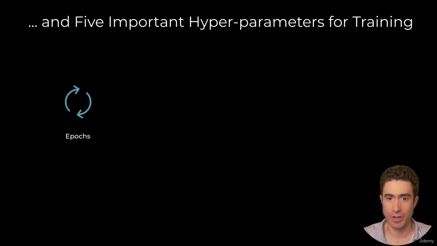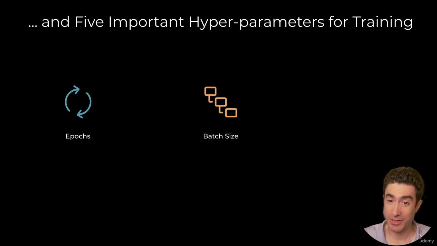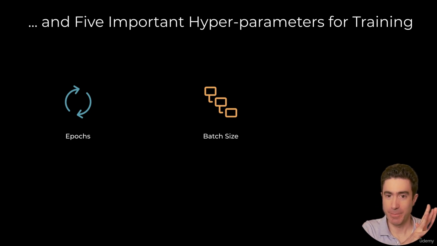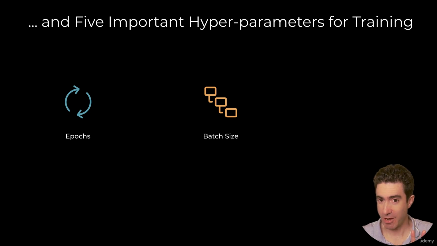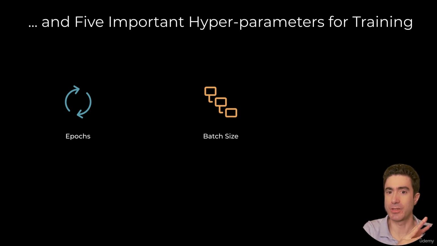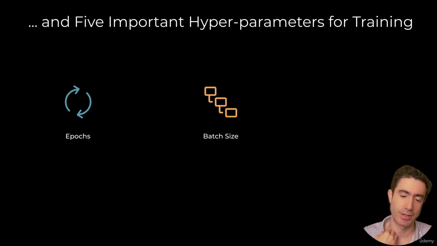There is another reason why it often makes sense to have multiple epochs, and that comes down to batch size, the next hyperparameter. Batch size is saying that often we don't take one data point and put it through the forward pass of the model to predict the next token, calculate the loss, and then go backwards and figure out the gradients of how much that loss is affected by the different weights in the parameters of the model, and then optimize the model by doing a little step in the right direction.